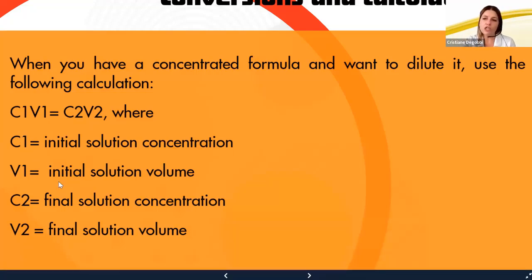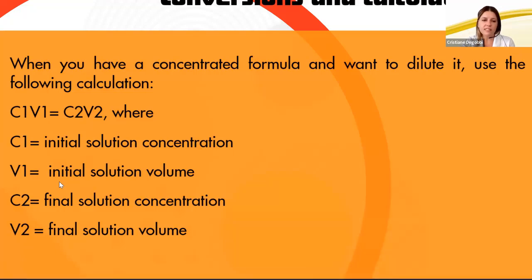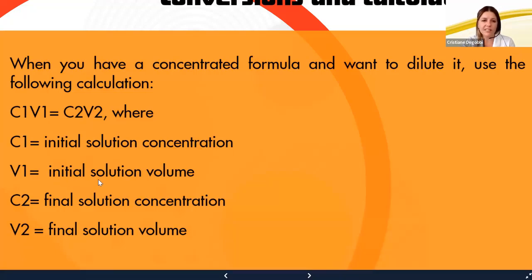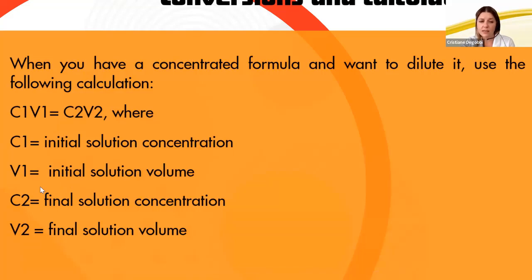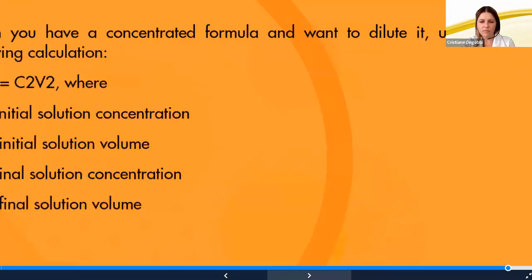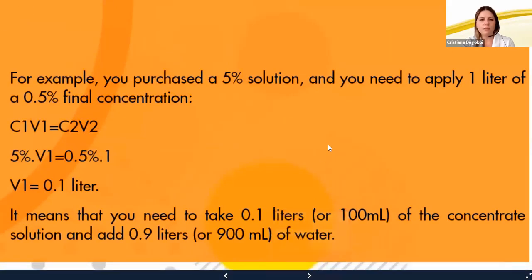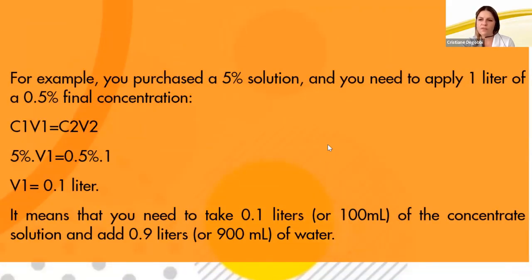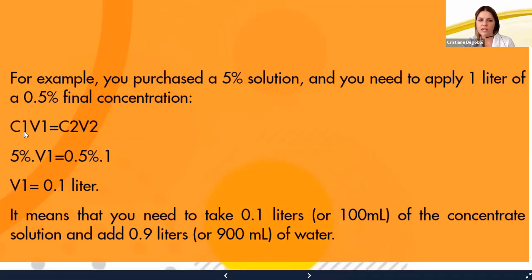V1 is the volume that you want to know, that's the initial solution volume, C2 is the final solution concentration you need, and V2 is the final solution volume.